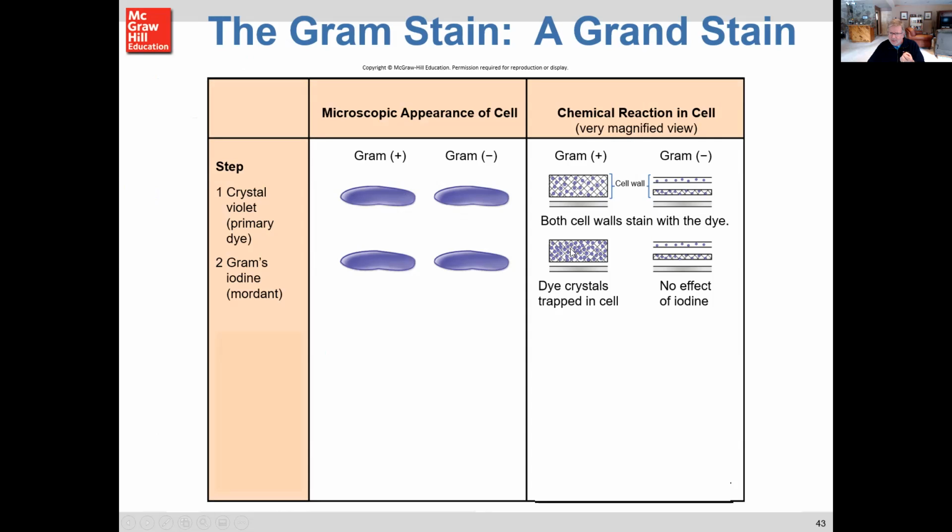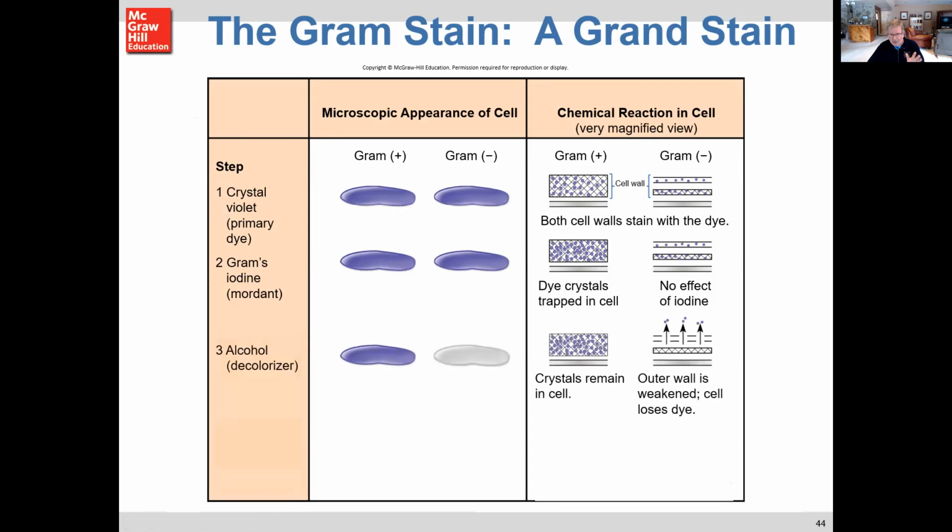It helps the crystal violet stick into the peptidoglycan. So again, if you compare the positive from the negative, you can see that the purple's still there. If you examine them under the microscope at that particular point in time, they both would be purple. You would not be able to differentiate the two yet. Now here comes an important part of the stain where we utilize what's called a decolorizer.